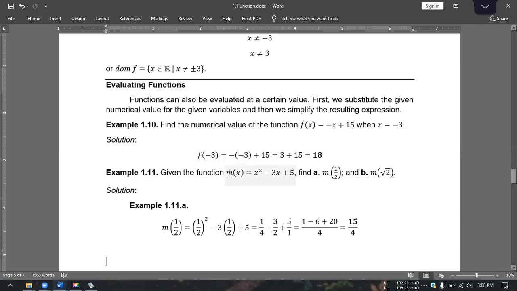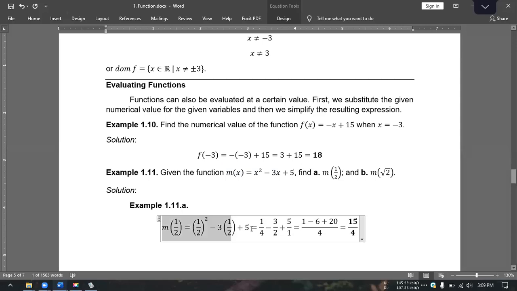We have the given function m of x is equal to x squared minus 3x plus 5. So yan, all the values of x will be replaced by 1/2. That's why we have this line.